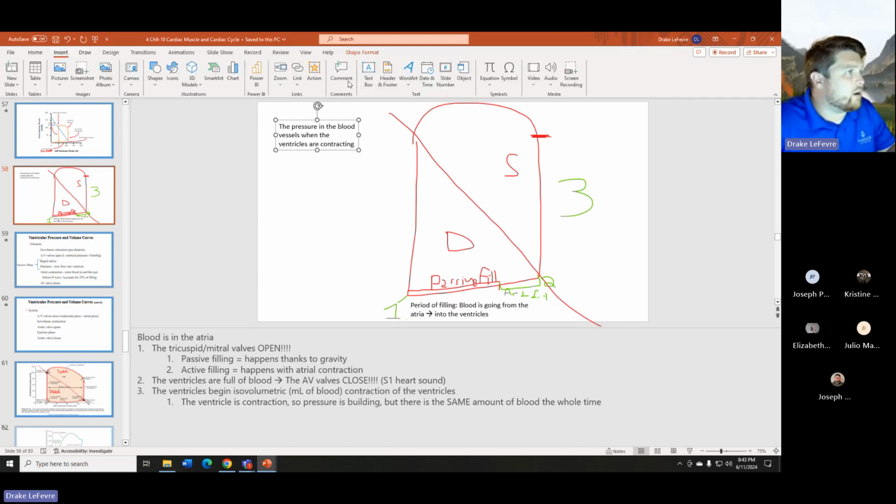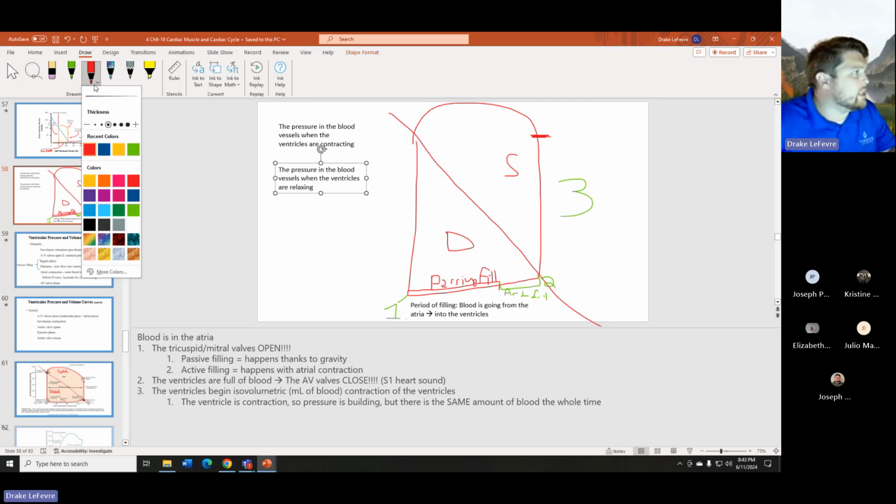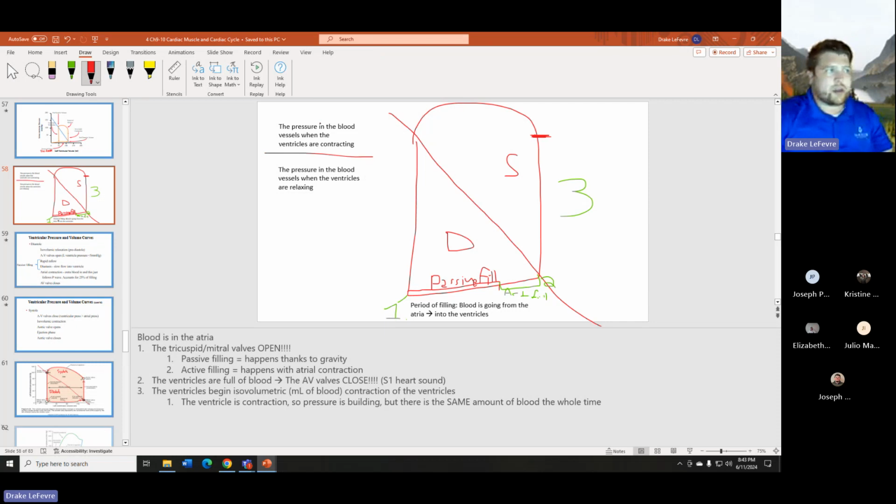And that's going to be over the pressure in the blood vessels when the ventricles are relaxing. This is our blood pressure. The pressure in the blood when the ventricles are contracting, the pressure in the blood when the ventricles are relaxing. So like our systolic blood pressure, does anybody know what is considered normal blood pressure?